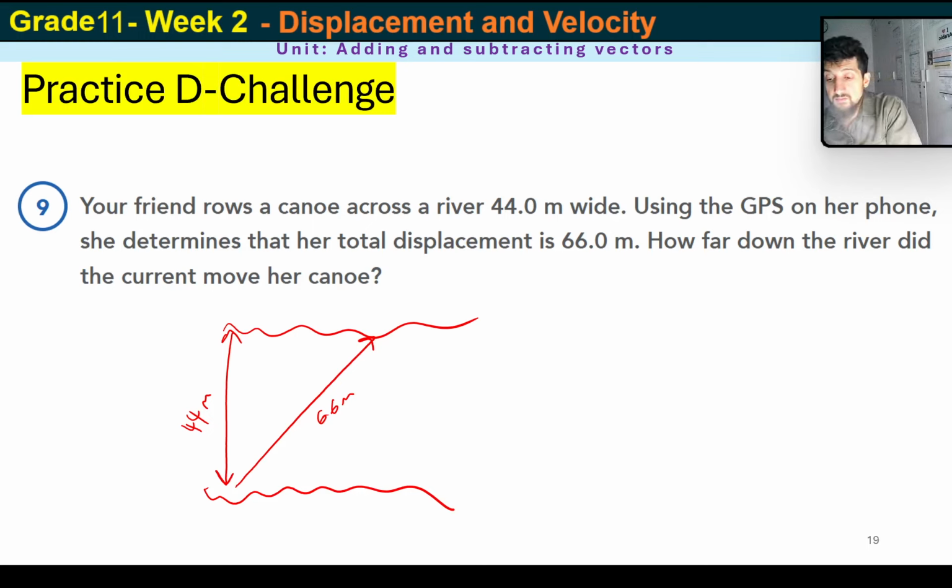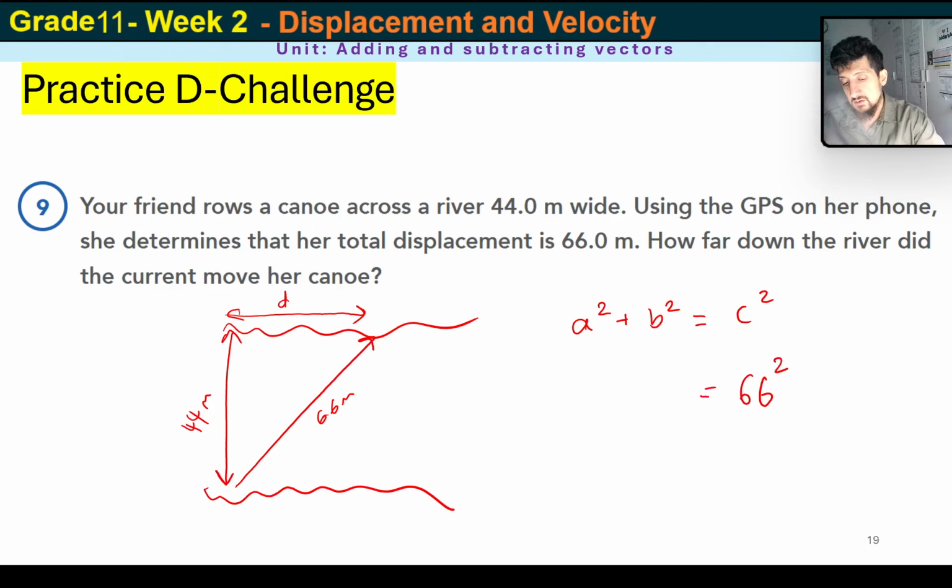How far did the river move down here? So that's what they're looking for. They're looking for this distance here. So the x component, if you want to call it that, or the y component. So we're still using Pythagoras' theorem, but we're using it in a slightly different way now. So a squared plus b squared equals c squared. So we know that 66 squared is going to equal 44 squared plus d squared.